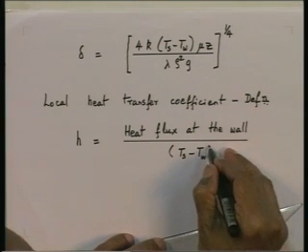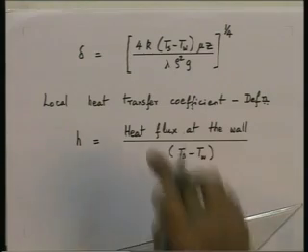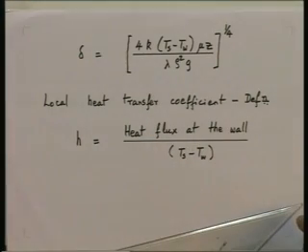This is how we will define a local heat transfer coefficient, that is the local heat flux at a cross section z divided by the temperature difference T_s minus T_w.